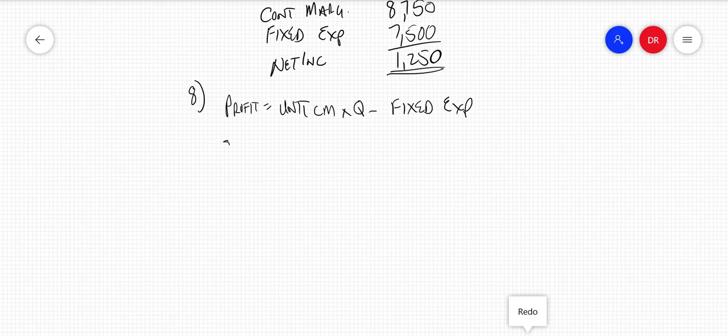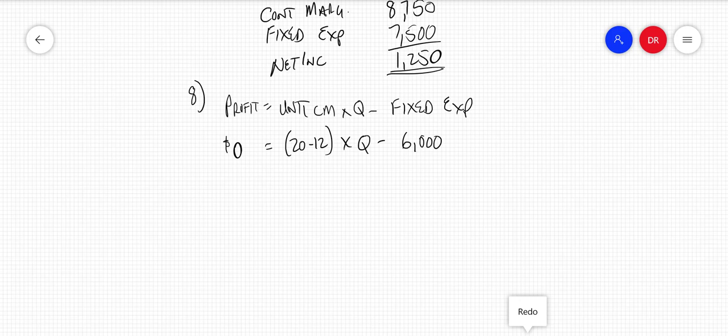The profit here is 0 because we're looking for break even. The unit contribution margin is going to be $20 minus 12 because that's the sales price minus the variable expense, times the quantity. We still don't know what that is, and minus fixed expense is 6,000.